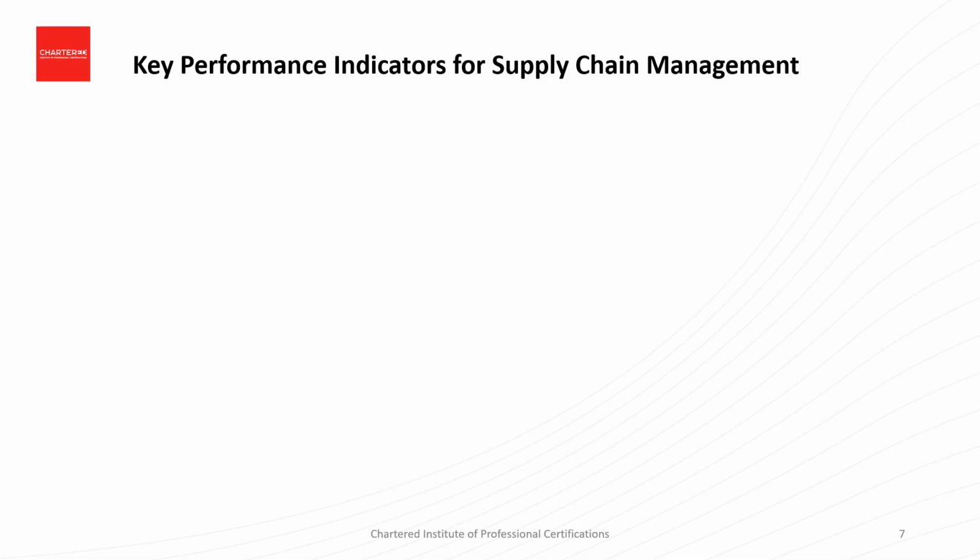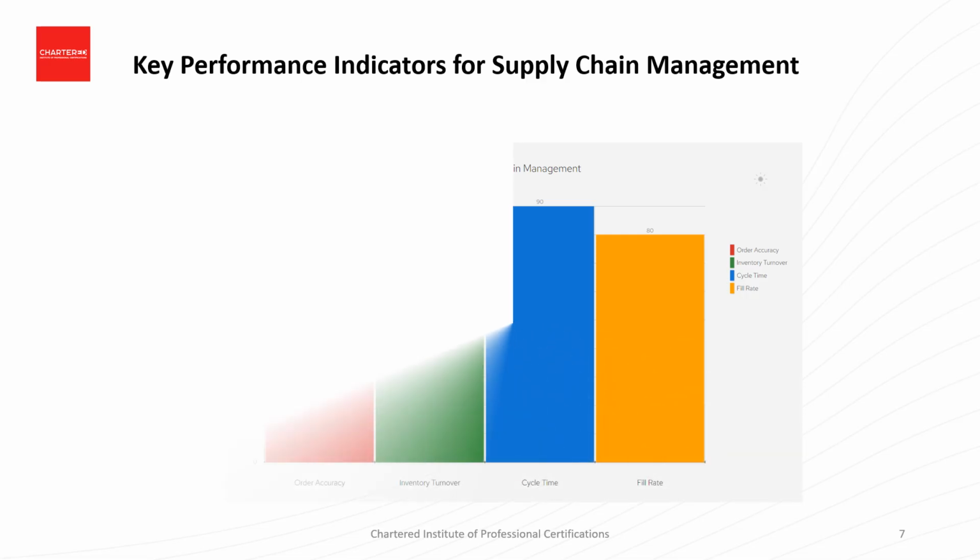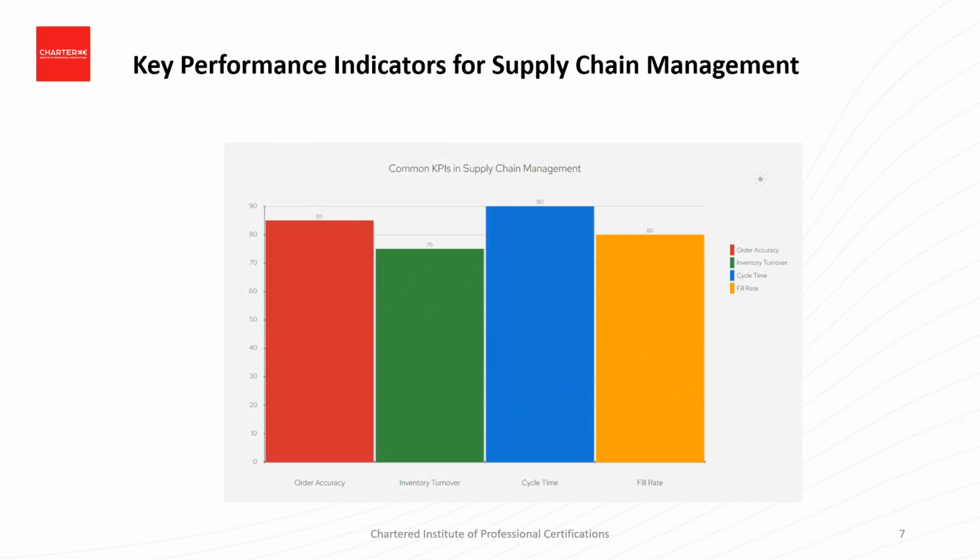Now, what are some of the key performance indicators that we can use for supply chain management? We would look at four common ones. Now, order status and accuracy. This key performance indicator tracks the accuracy of order fulfillment. High order accuracy can lead to increased customer satisfaction, repeat business, and a strong company reputation.